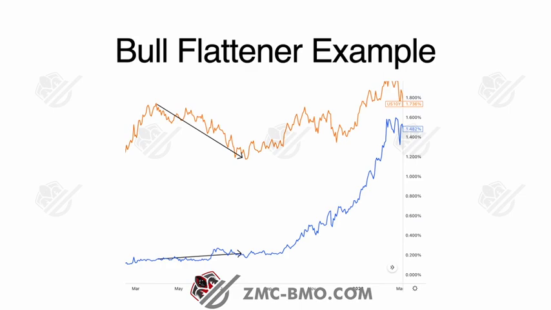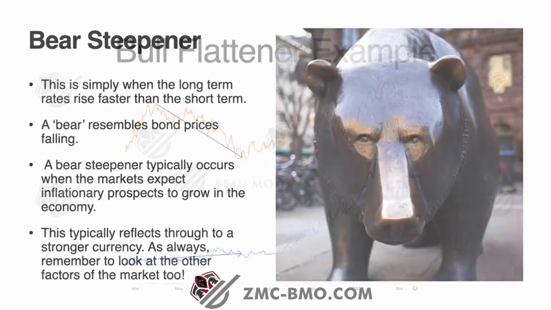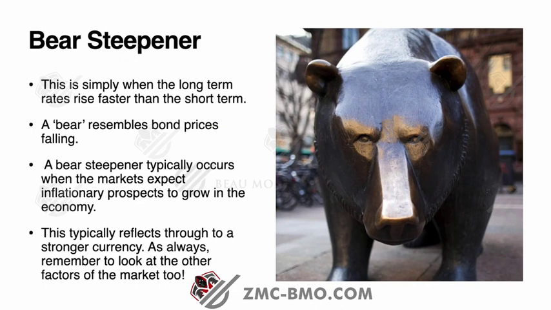So now let's move on to what a bear steepener is. This is simply when the long-term rates rise faster than the short-term. A bear, as I said in the bull example, represents bond prices falling, please.